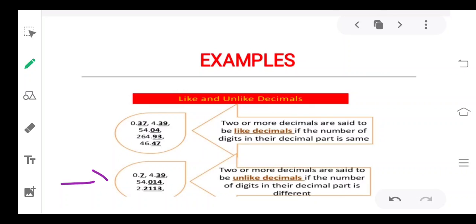Here 0.7, 4.39, 54.014, 2.2113. Two or more decimals are said to be unlike decimals if the number of digits in the decimal part is different.